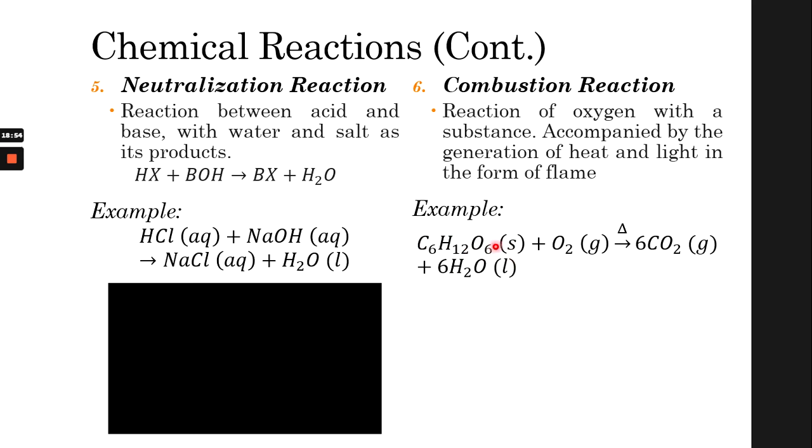So in this case, for example, C6H12O6 is glucose. If you combust glucose, another word for combustion reaction, you may see this sometimes called an oxidation reaction. There's a little bit of difference between the two, but an oxidation reaction is a type of combustion reaction.